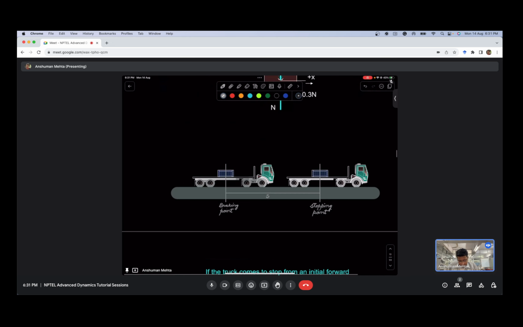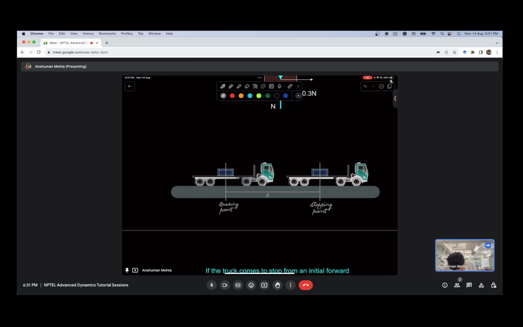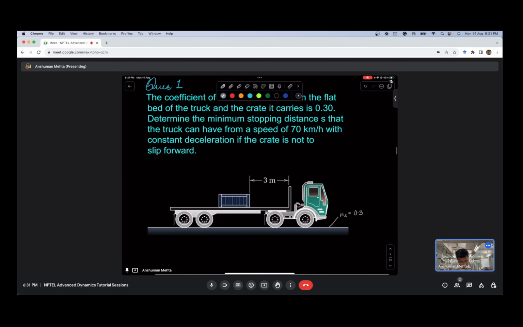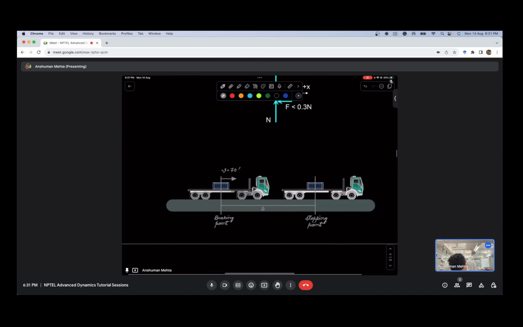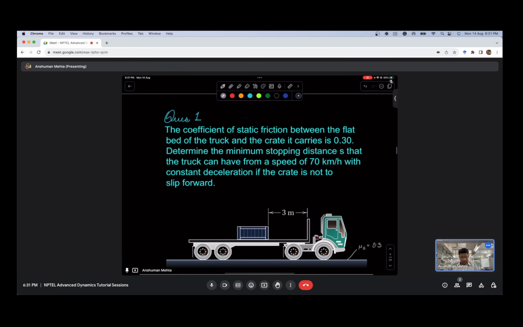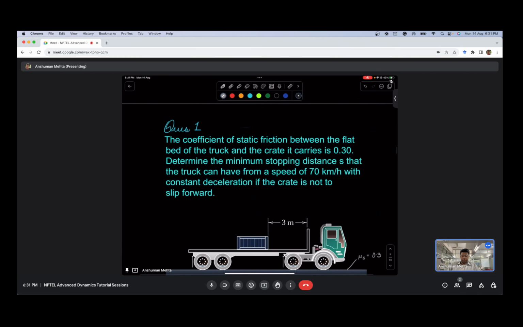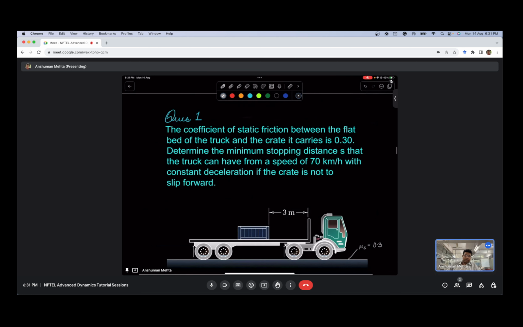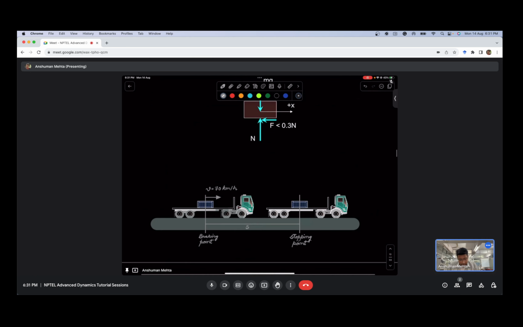At this point the truck had a velocity of 70 kilometers per hour. Now it is having constant deceleration, and the crate is not to slip forward, so no slipping allowed. Let me write that down: no slipping allowed.